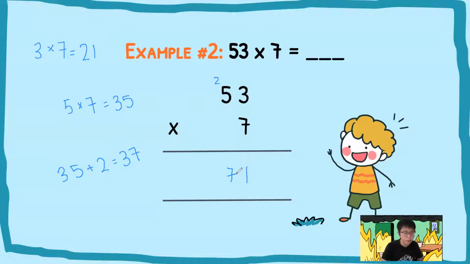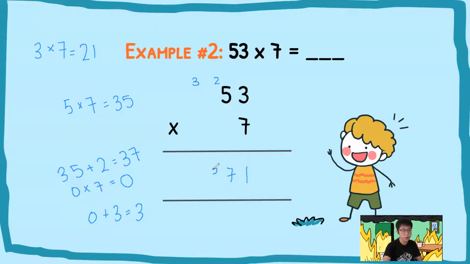Okay, then the 3 will be carried over to the imaginary number over here, which will be 0. So 0 times 7 equals to 0. Anything multiplied by 0 is 0. Okay, then 0 plus 3 equals to 3.